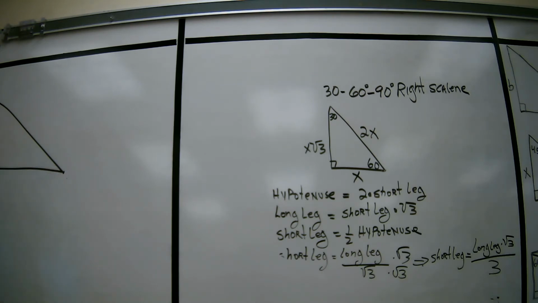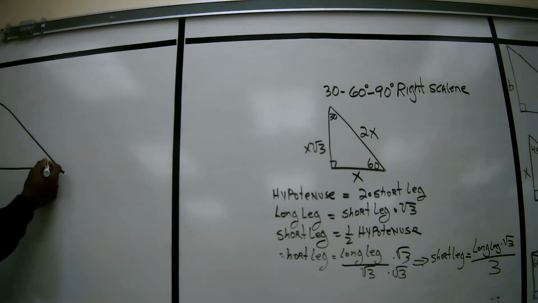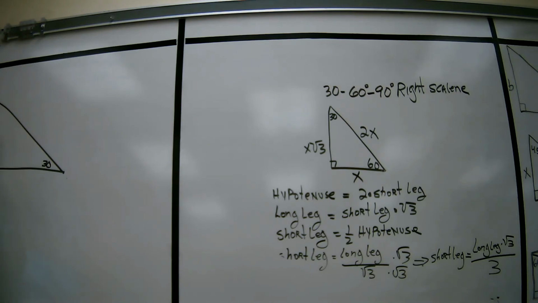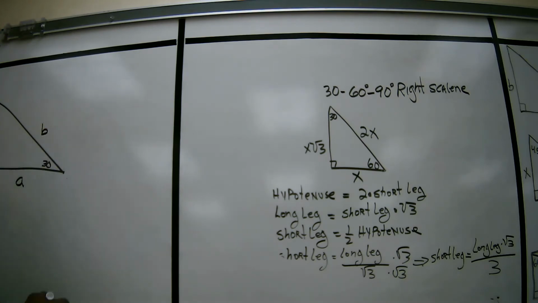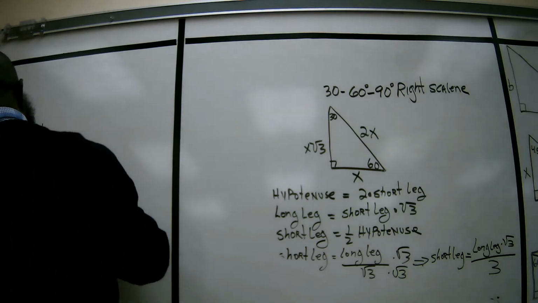Alright, they are telling you this is 60 degrees. This is 30 degrees. This is 12. And they're telling you to find A and B. So this is my 30-degree angle.